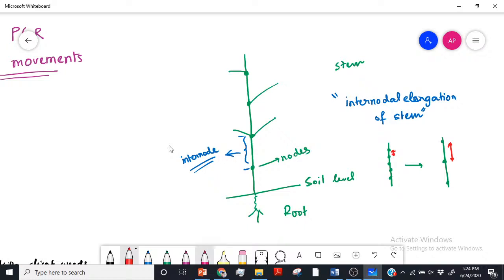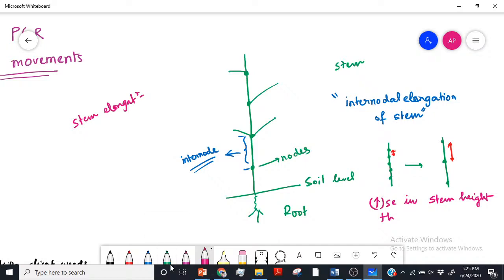So basically the terminology is increase in stem height, the stem will ultimately elongate. And there are two kinds of elongation of the stem. Stem elongation can take place in two ways.